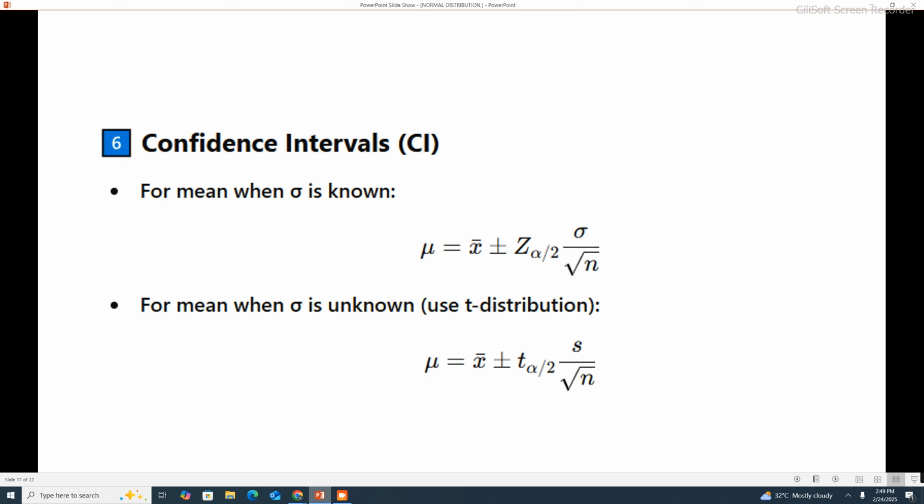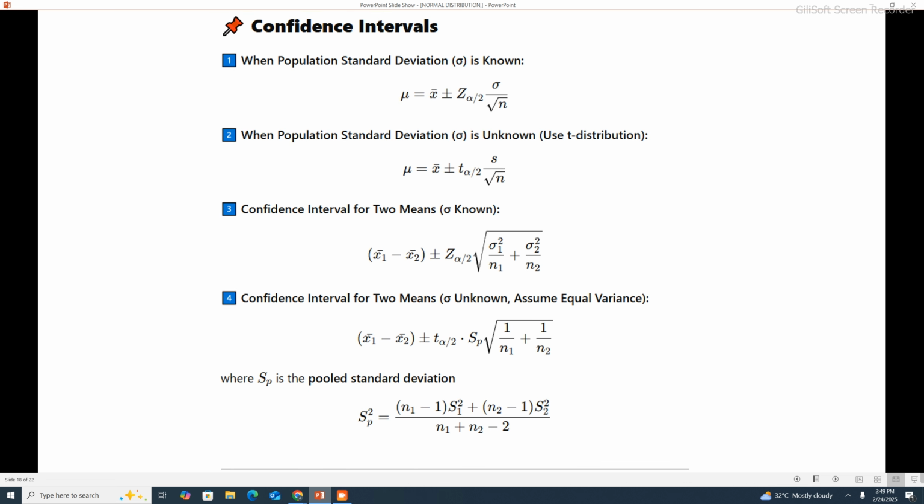It's always good to understand it. So when your population variance or standard deviation is known, this is what you do. When it is unknown, you know that's the t-test. So this is just a summary of the confidence interval for various cases.